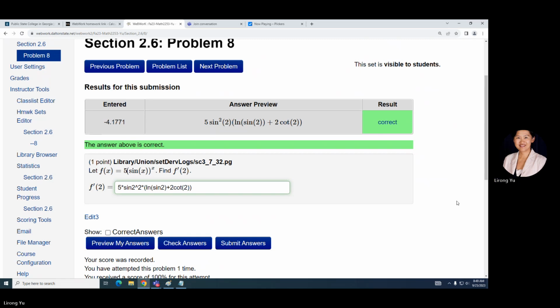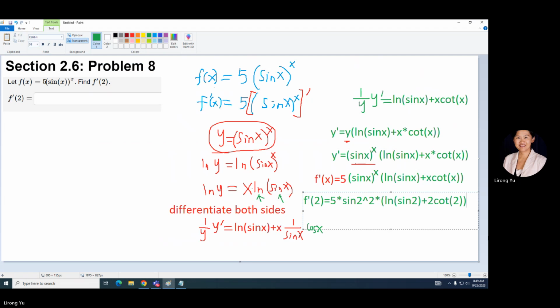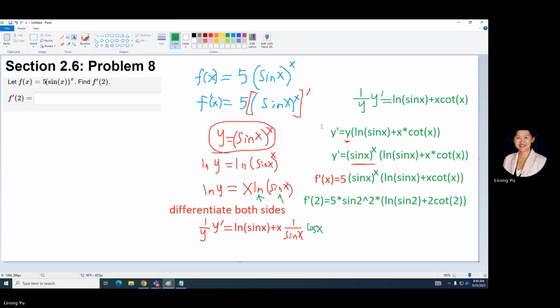Any questions? Yes. Can you show the work again? Okay, it's an implicit differentiation. I did leave the 5. If you try the example on YouTube, the implicit differentiation using the logarithm differentiation, sometimes you keep the 5.